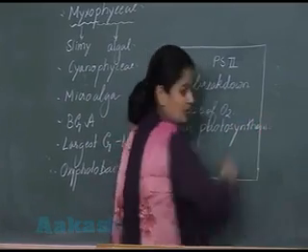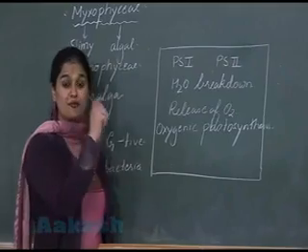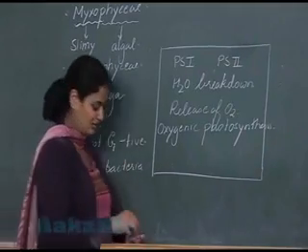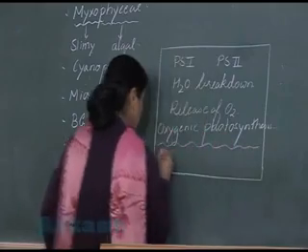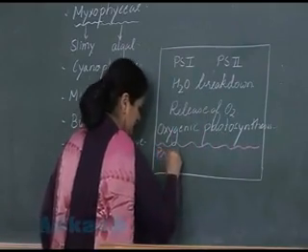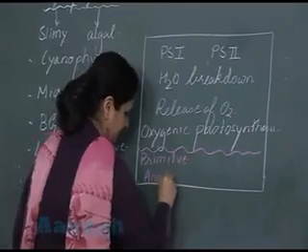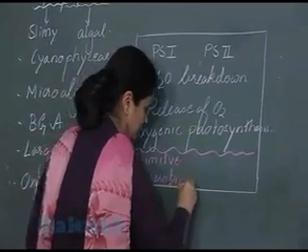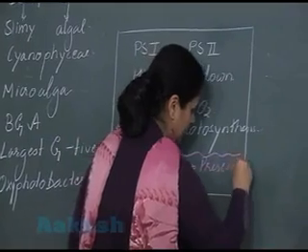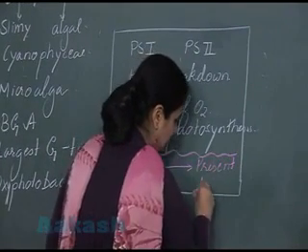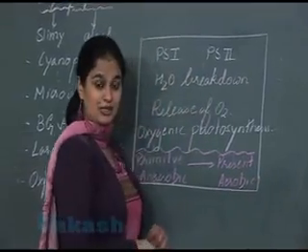Due to the oxygenic photosynthesis performed by cyanobacteria, the primitive earth atmosphere, which was anaerobic, was changed to the present day earth atmosphere, that is aerobic. Are you getting this?